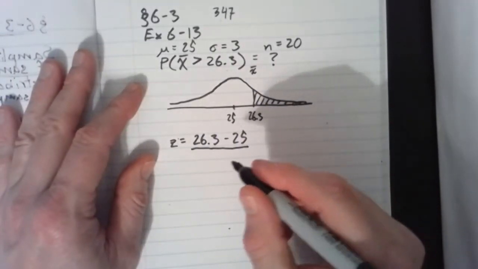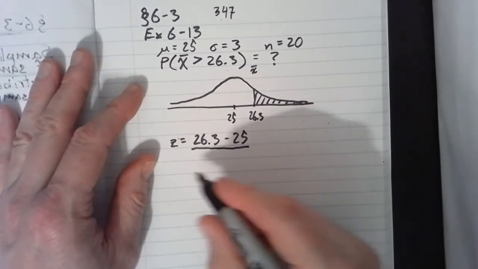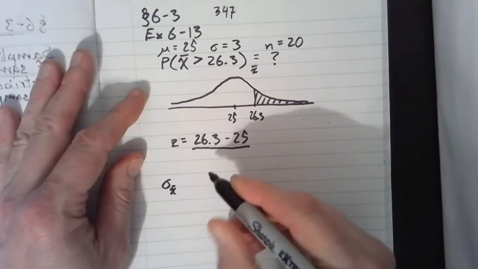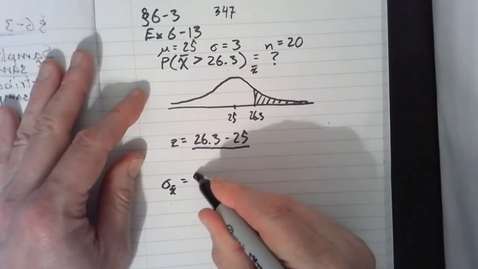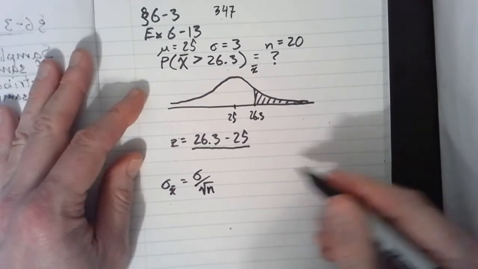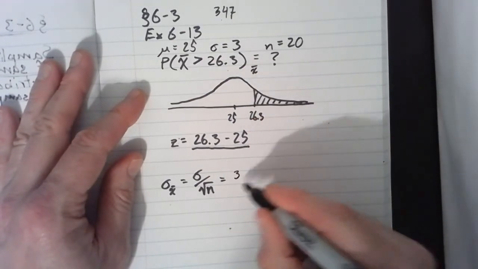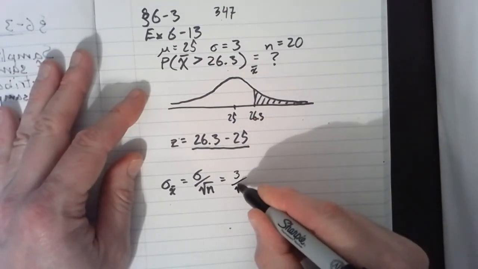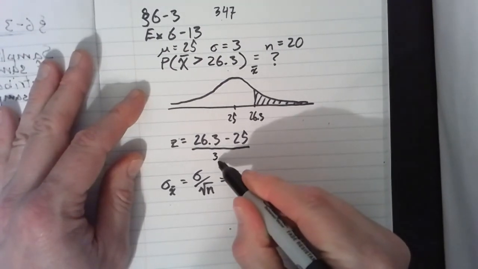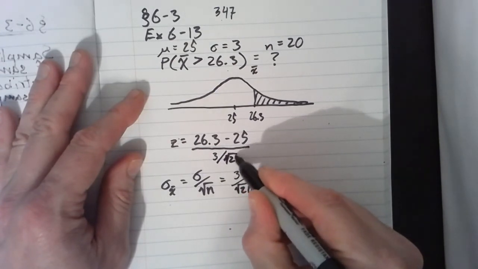But then in the denominator we're not going to put in just sigma, because sigma for our distribution, sigma x-bar, is going to be sigma divided by the square root of n. In this particular case, we're going to put in 3 in place of sigma and then divide by the square root of 20. So in the denominator, I'll put 3 divided by the square root of 20.